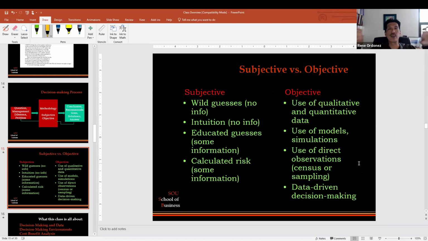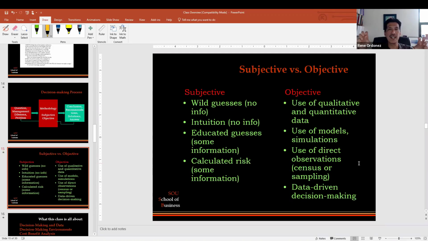So those are the two extremes in decision environments. One is the environment of uncertainty, where there's no information available. The other extreme end is the environment of certainty, where you have perfect information.